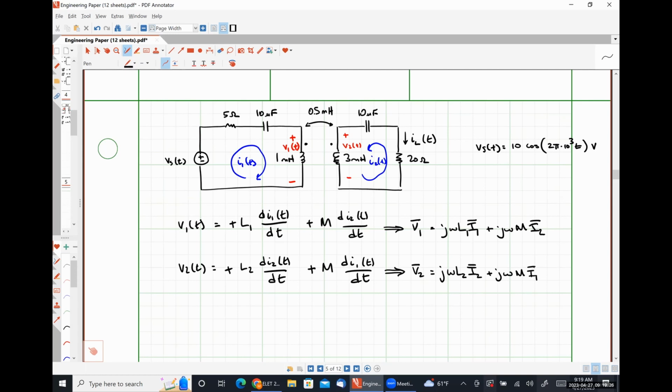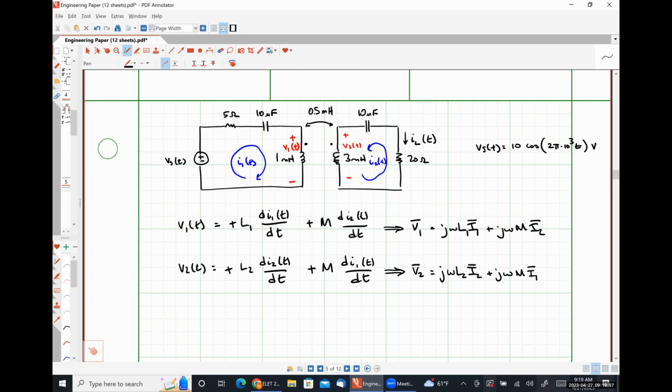So are we okay with how we're going to represent those particular voltages in the frequency domain? Nobody is threatening to beat me up in the parking lot, so I feel like we're all okay-ish. I wanted to be explicit about that because we're going to analyze this circuit in the frequency domain a little differently than before we introduced mutual inductance.